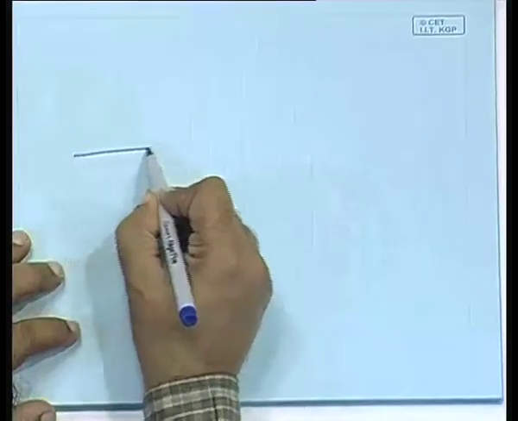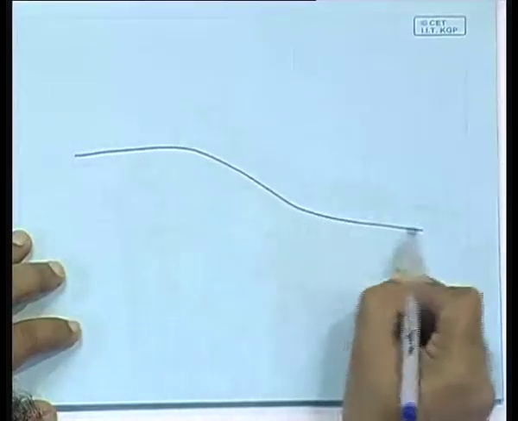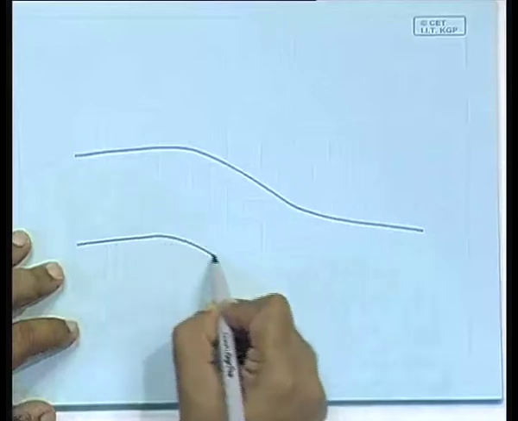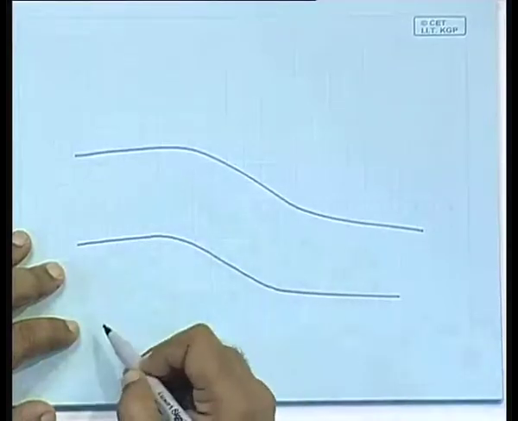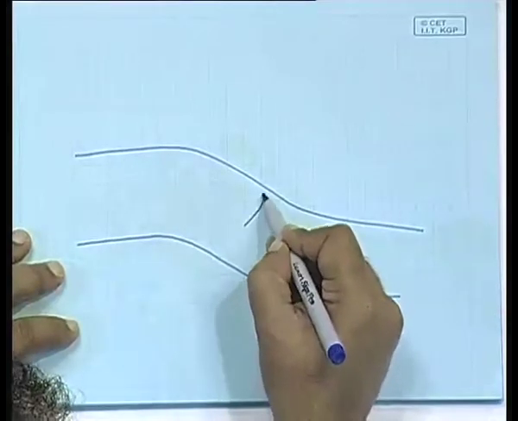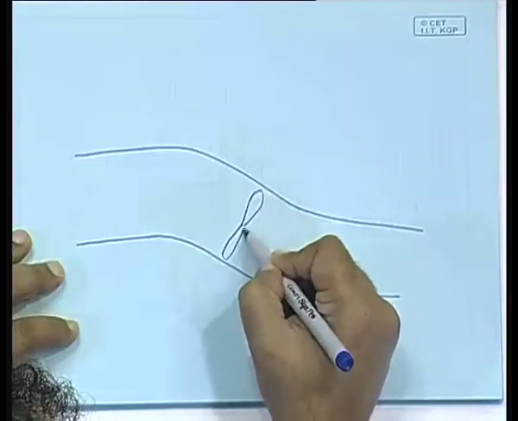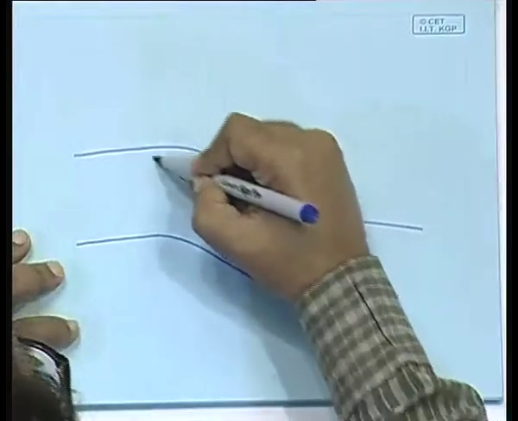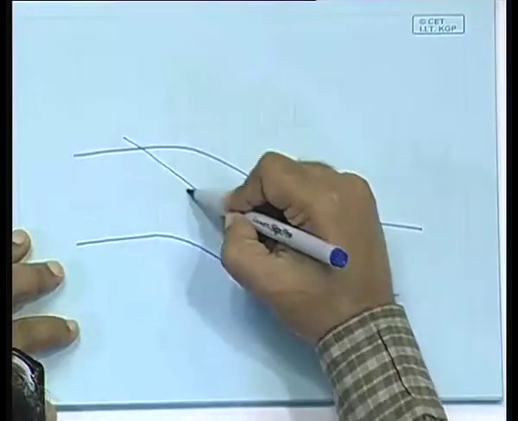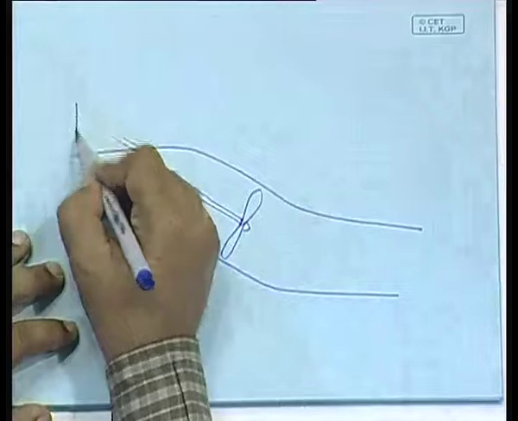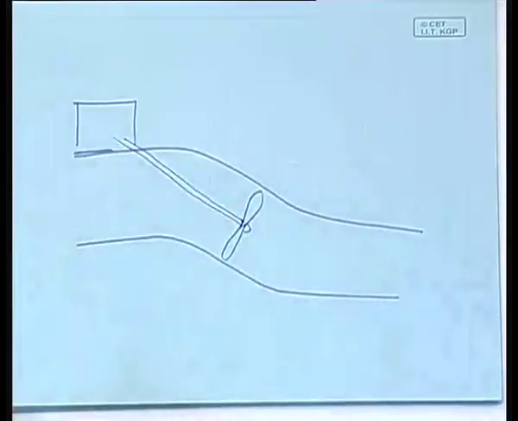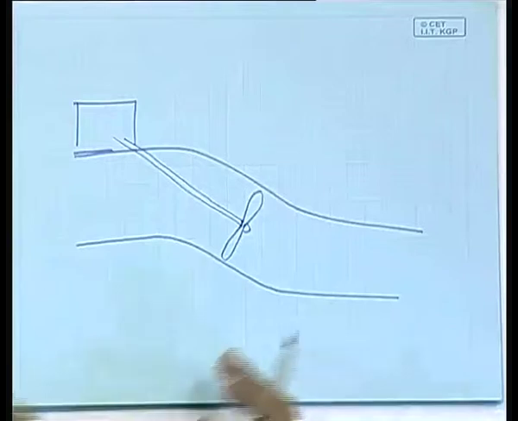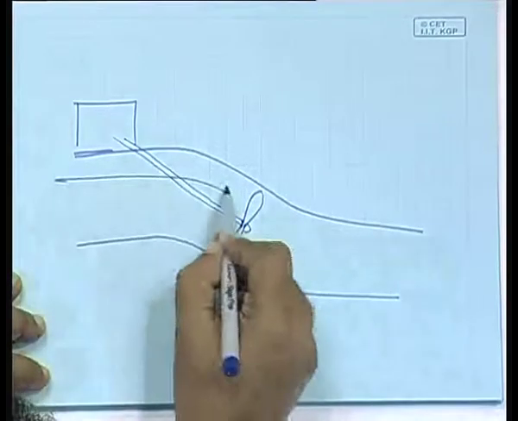Tube turbines are the ones where you allow the water to flow through a channel placed like this, place the turbine here, and you make a shaft that goes up and place the generator here. Okay. That's another way to have it.